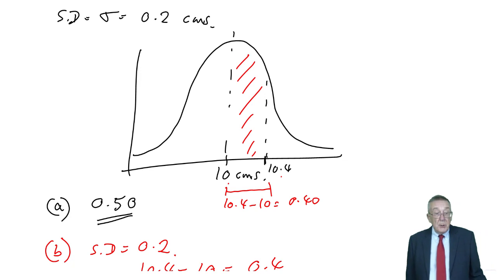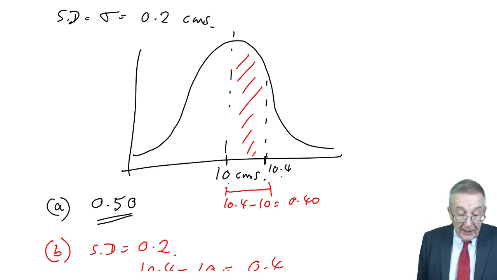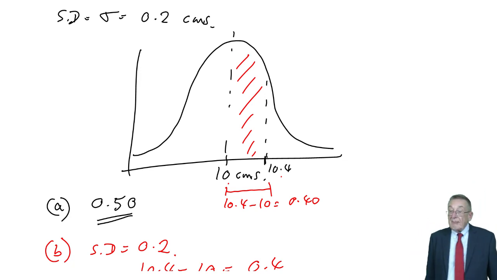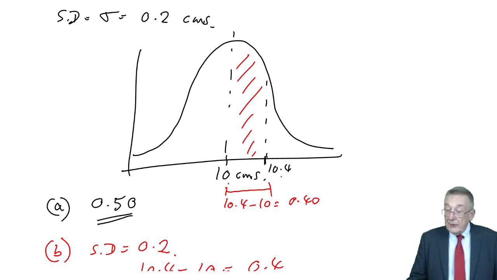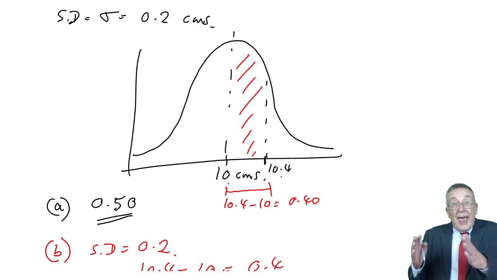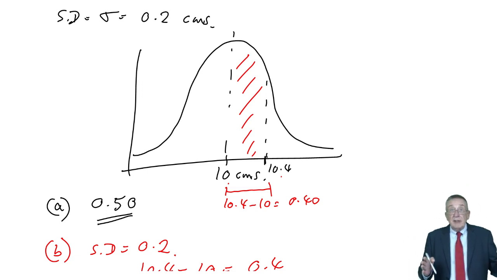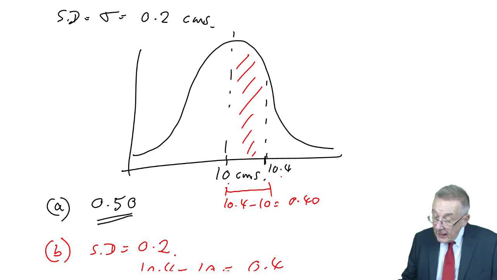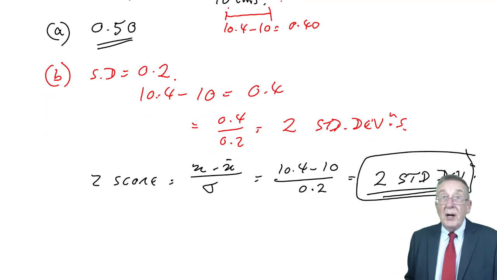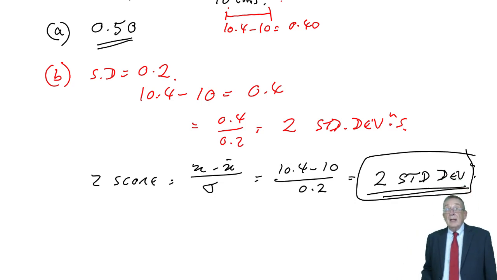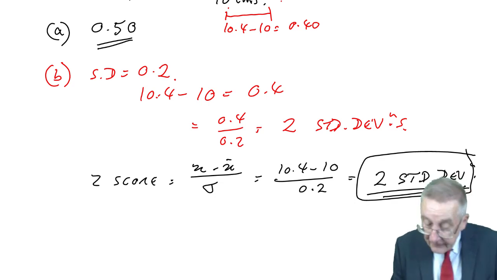Well, I'm about to show you, you have tables in the exam which will tell you the proportion for any distance away from the average, the mean, measured in numbers of standard deviations. Here we're talking about a distance 2 standard deviations away. Well, let me show you how the tables work.